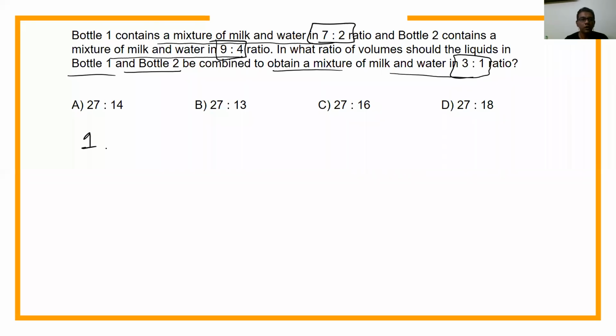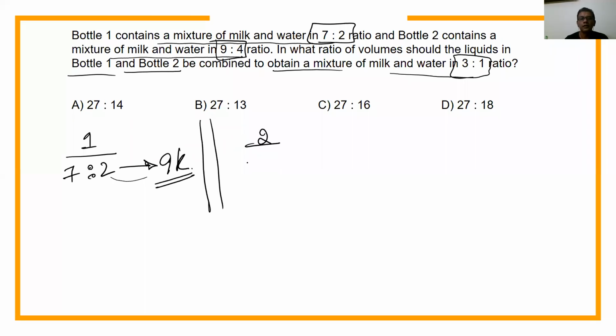So you have bottle 1 where milk and water are in the ratio 7:2, which means what is your total quantity of the solution that can exist in this bottle? 9 or 9 ka multiple, because 7 and 2 means a total of 9 parts. Bottle 2, 9 and 4.